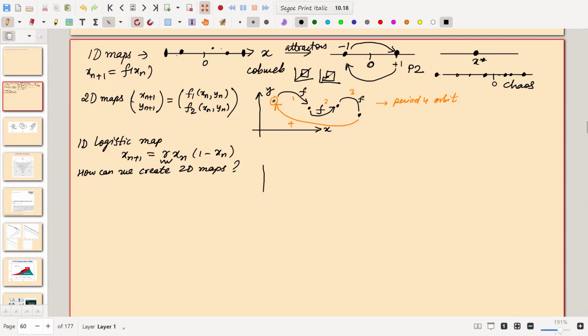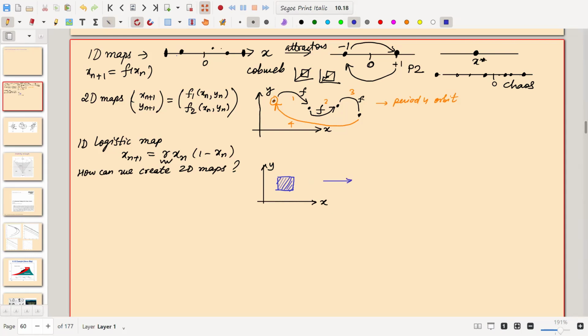Suppose this is an XY coordinate system, and you have this square box. Now my question is, can you apply a transformation which can stretch it along the x-axis?